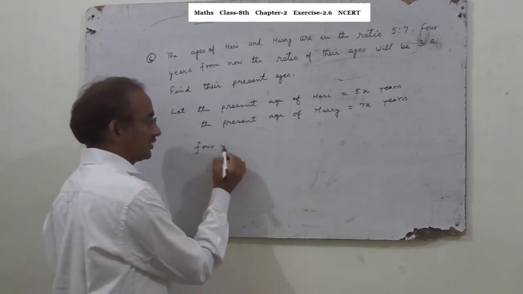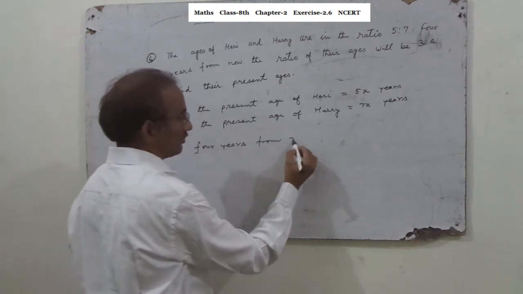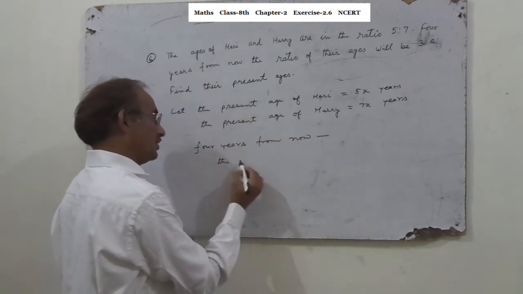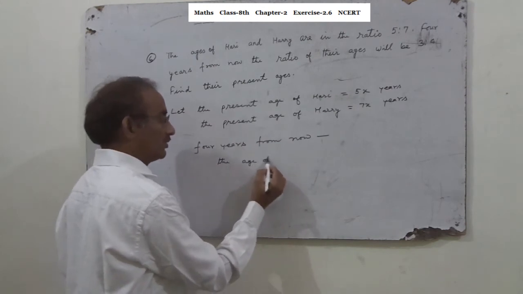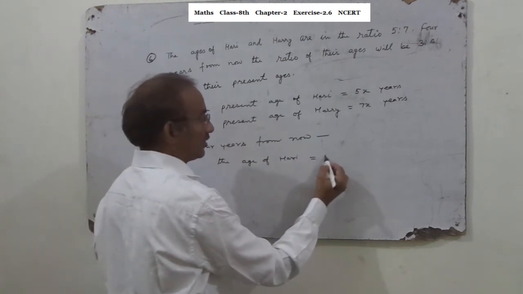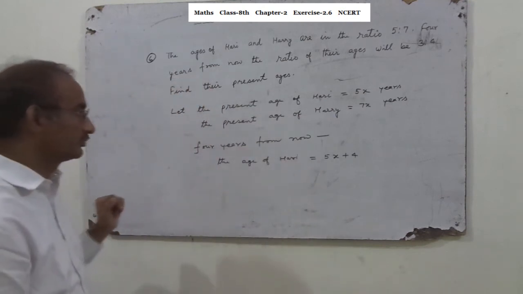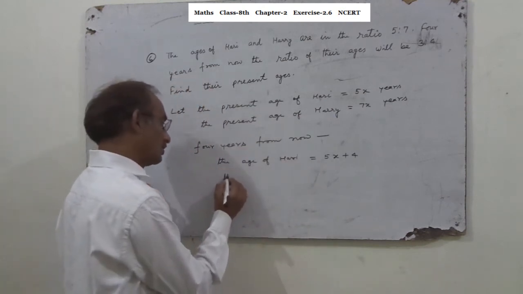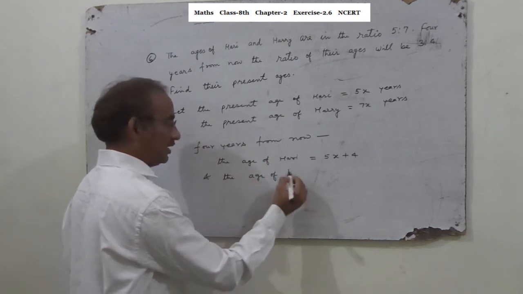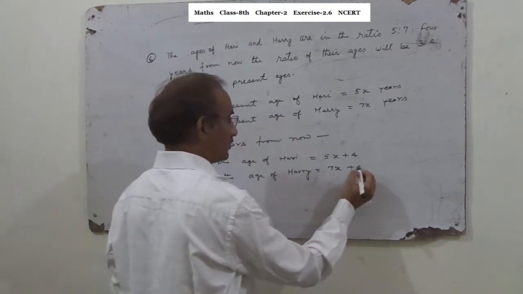So 4 years from now, the age of Hari equals 5x plus 4, and the age of Harry will be 7x plus 4.